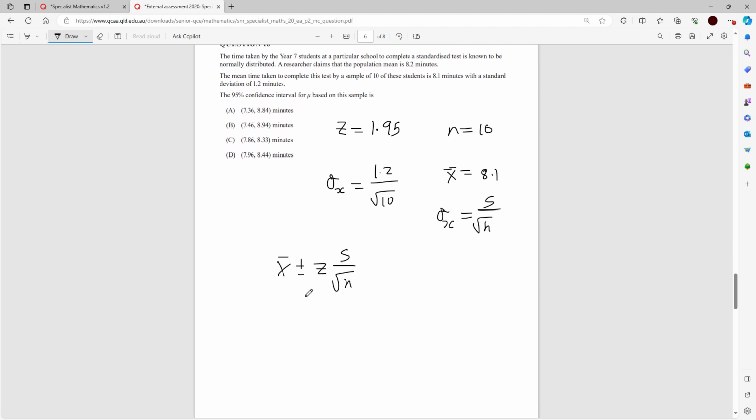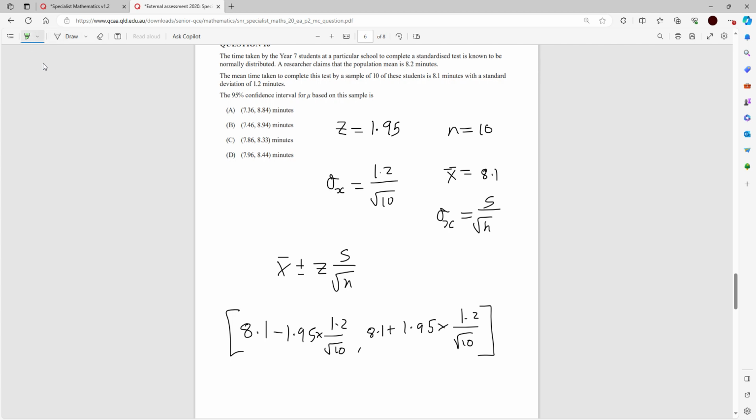The top bar will be 8.1 plus 1.95 times 1.2 over the square root of 10. And your bottom bar is going to be 8.1 minus 1.95 times 1.2 over the square root of 10.